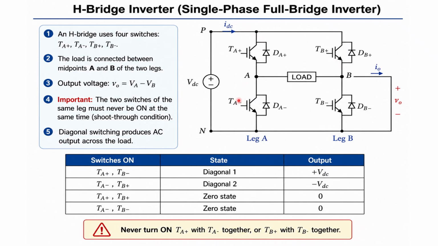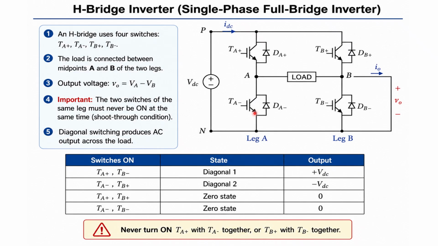If both switches in a leg are turned on simultaneously, the positive and negative terminals of the DC supply will get short circuited, and this condition, called shoot through, will damage the inverter circuit. So in a practical inverter circuit, a small dead time is introduced between the turn off of one switch and the turn on of another switch, so that shoot through does not happen in the circuit.